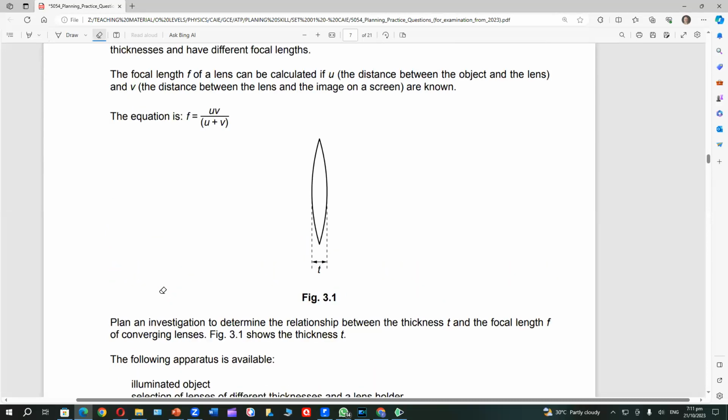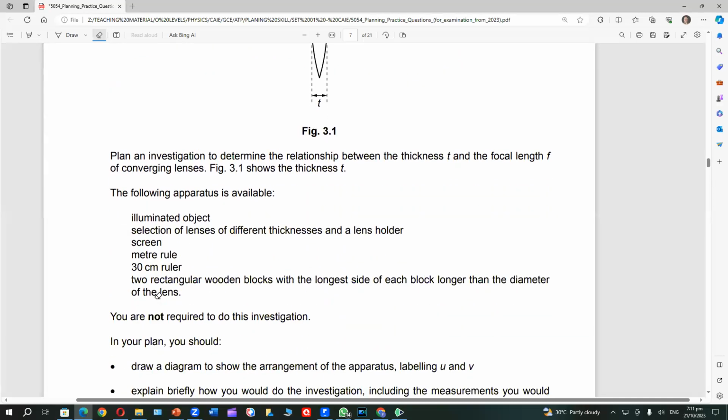So this is my lens, and I can introduce a meter rule, and I have a lens stand. So I have a lens stand given in the question. They have given us illuminated object, selection of lenses, screen, meter rule, and a lens holder. Lens holder is that which can hold the lens in its position.